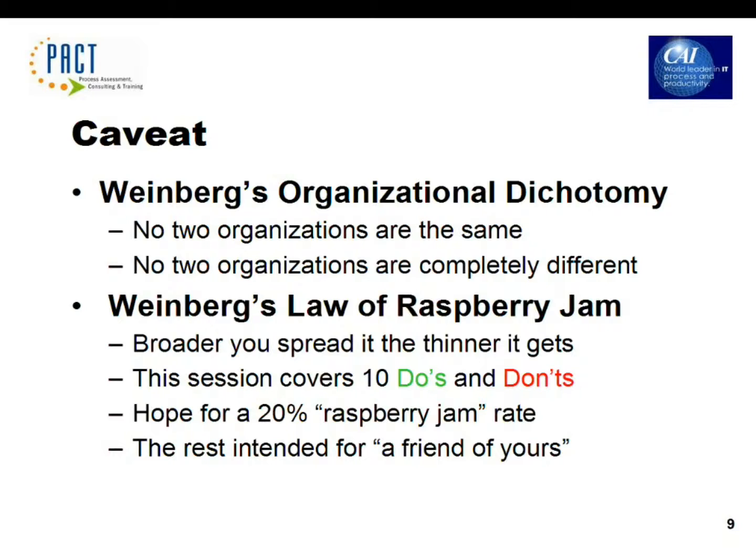And we reached agreement on that, and fortunately we were able to have a very productive class. No two organizations are completely different. I could have written most of what I was going to hear in that particular introduction session. I could have written those on the flip chart before we went around the room, because you do tend to hear the same kinds of things recurring over and over in organizations, so they really aren't completely different.